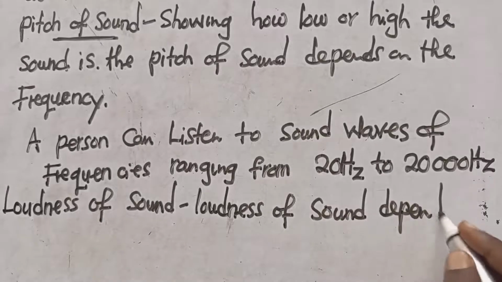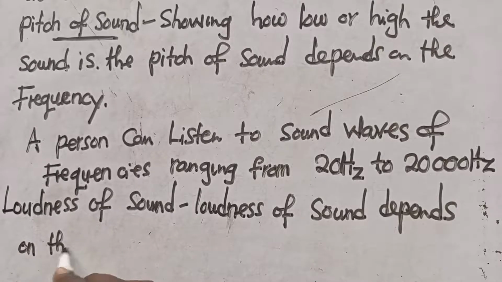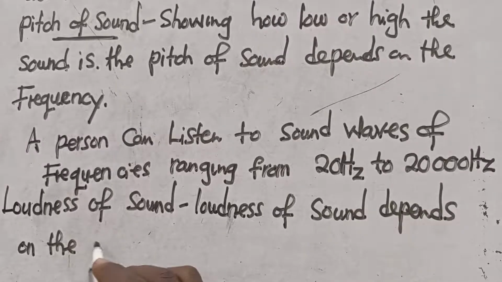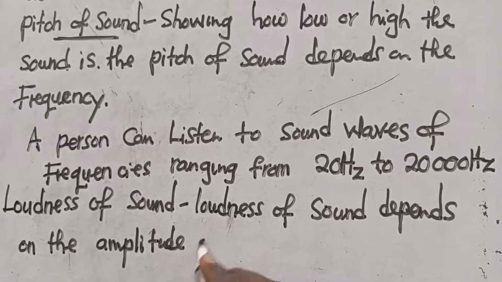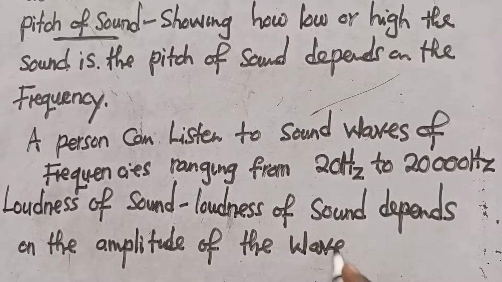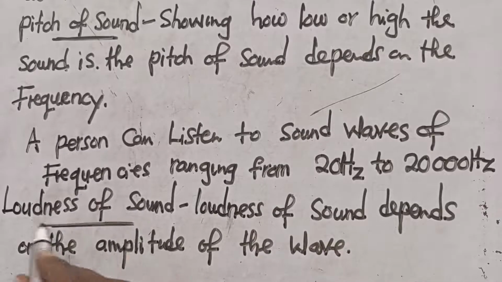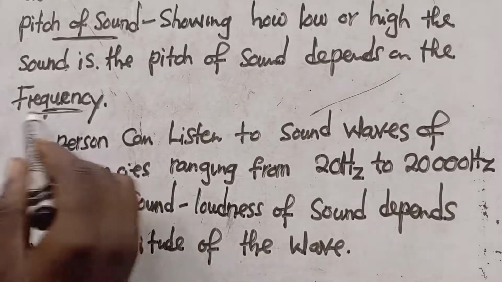The loudness of sound depends on the amplitude, sorry. It depends on the amplitude of the wave. So loudness of sound depends on the amplitude, but the pitch of sound depends on the frequency.